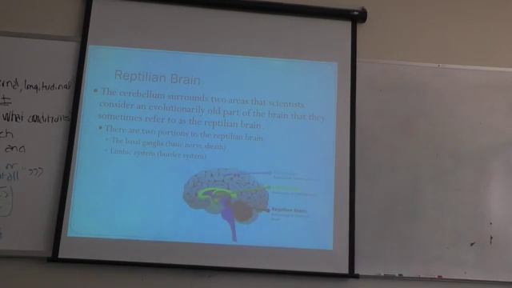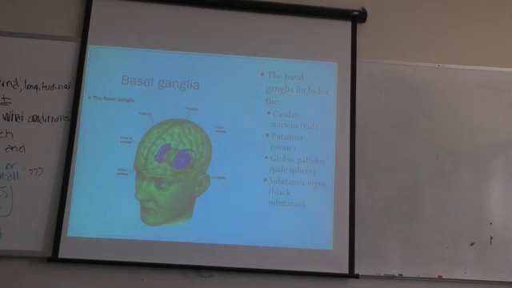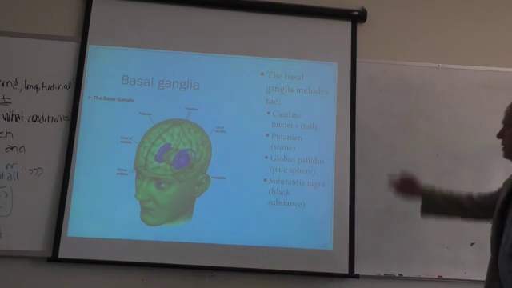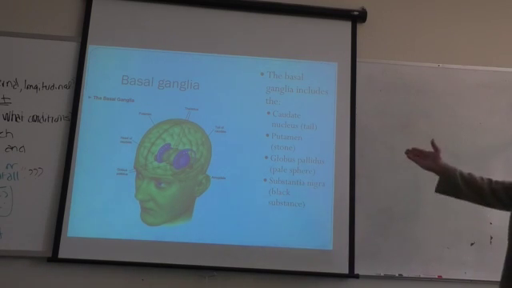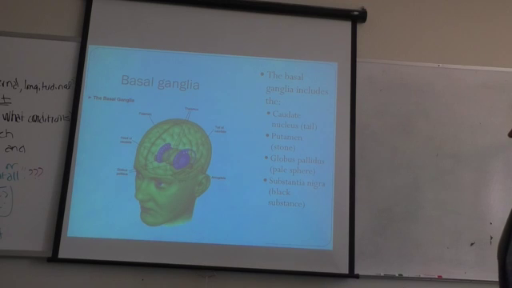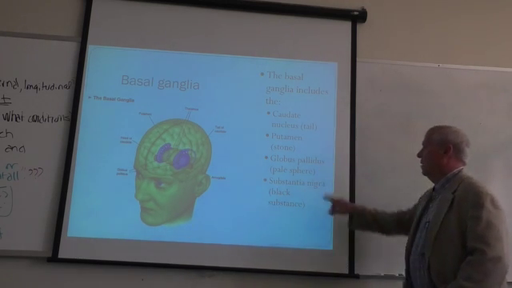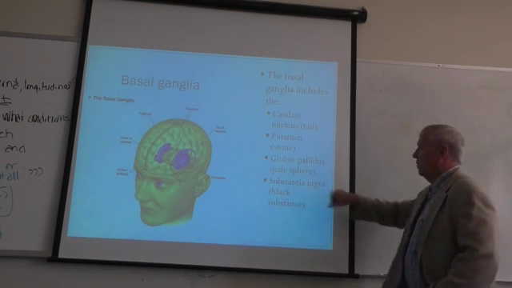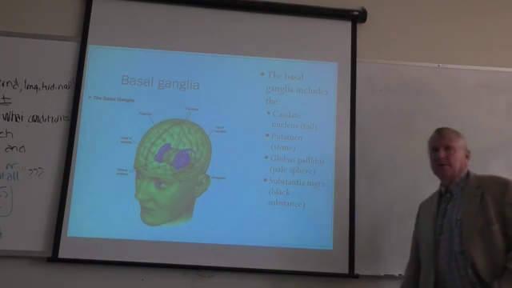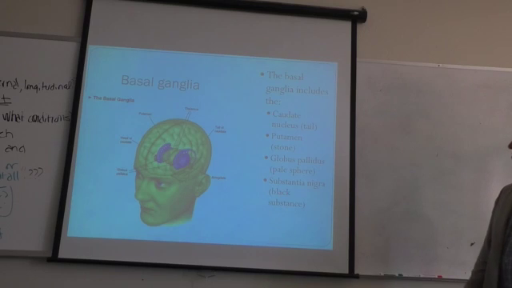Of course, the limbic system is on the outside, so it's the border. The basal ganglia includes the caudate nucleus, and caudate means tail, the putamen, which means stone, the globus pallidus, the pale sphere, and the substantia nigra, nigra meaning black, the black substance. Those are the portions of the basal ganglia.